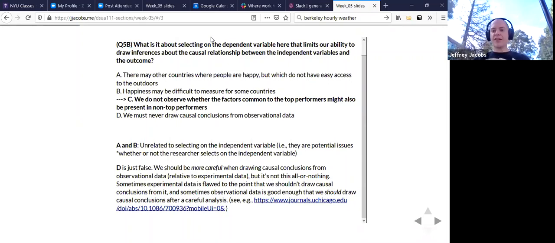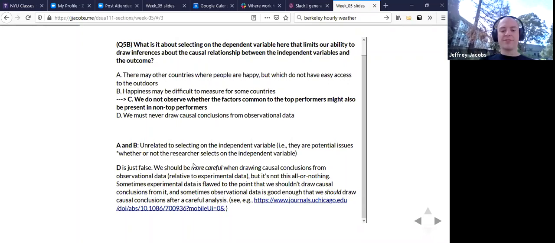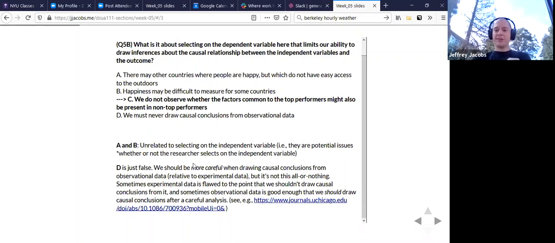So that's how I would have gotten this question. What I wrote here is that A and B are just problems that happen with studies in general. They're not specifically related to selecting on the dependent variable, meaning whether or not you select on the dependent variable, you're going to run into these.